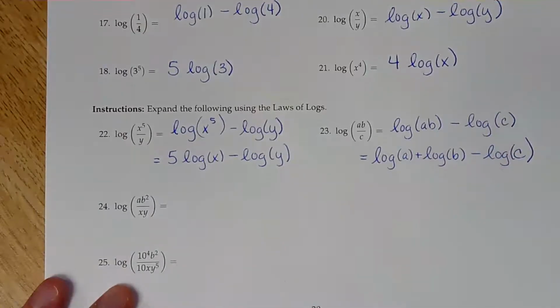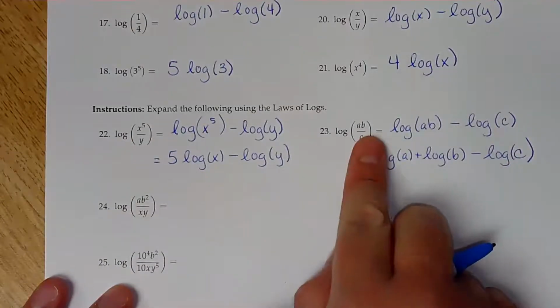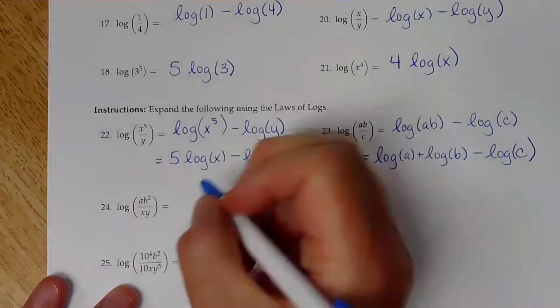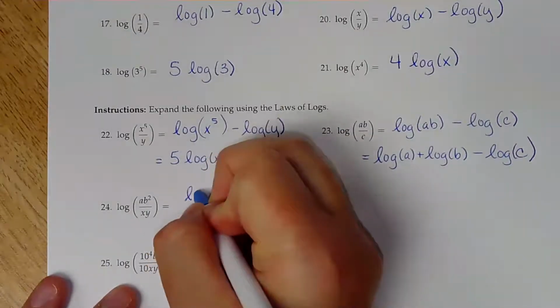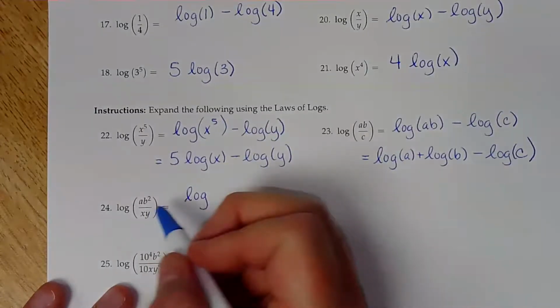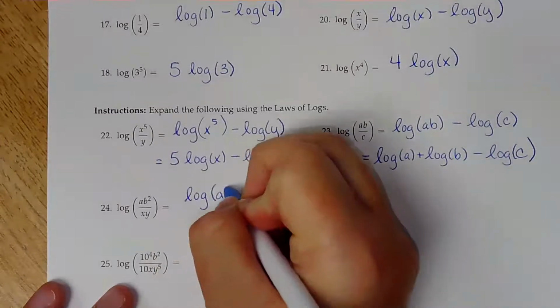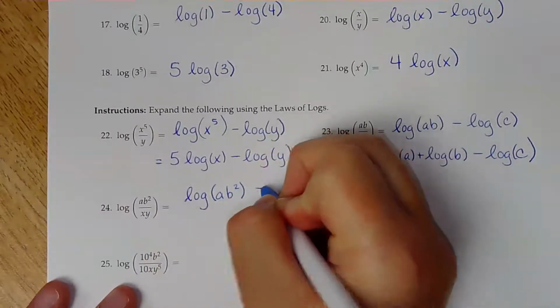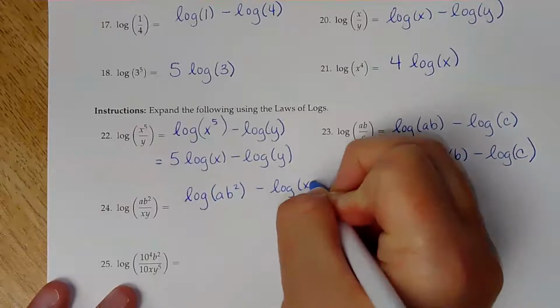All right, so 24 is combining some of the things from this one and some of the things from this one. So let's tackle that. I'll break it up into a couple pieces and then I'll explain a way you can shortcut this as you're feeling more comfortable with the rules. So again, the division is kind of the big thing there. So I'll do log of AB squared minus log of XY.